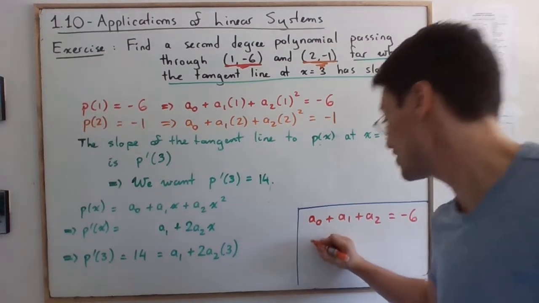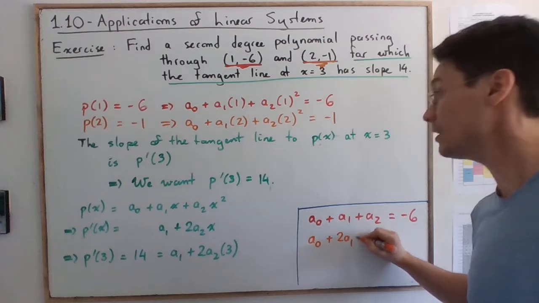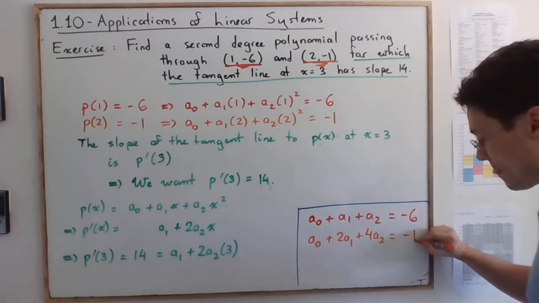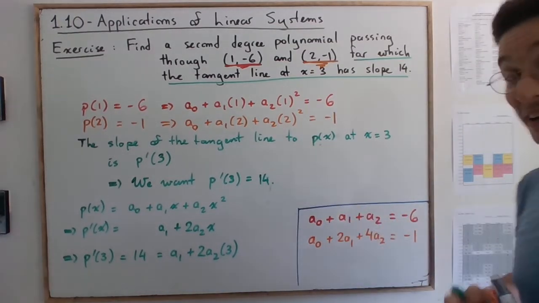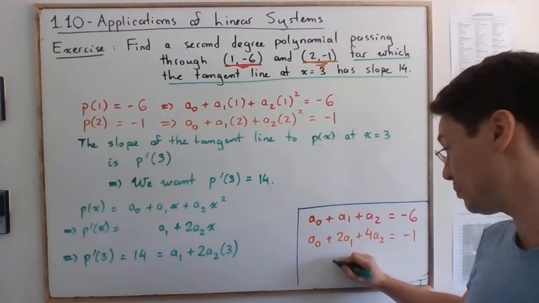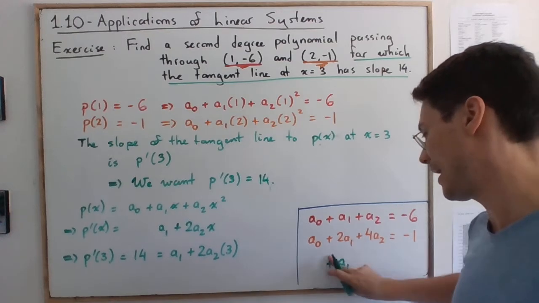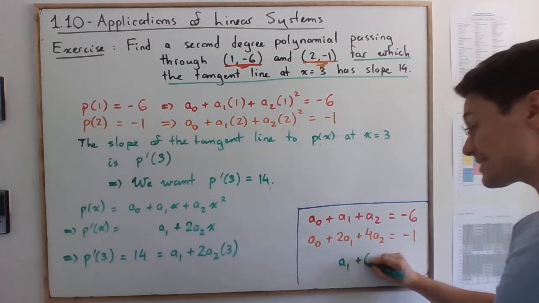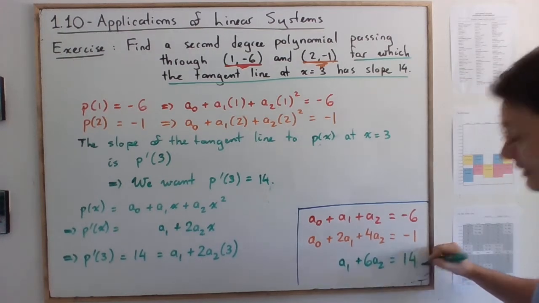The orange equation is a0 plus 2a1 plus 4a2 is equal to -1. And the third equation, which comes from this funky condition, is 0 here plus a1, and I'm not going to write anything here, plus 6a2 is equal to 14.